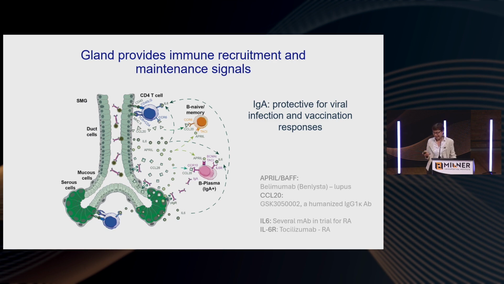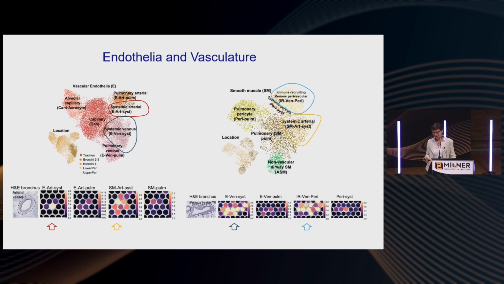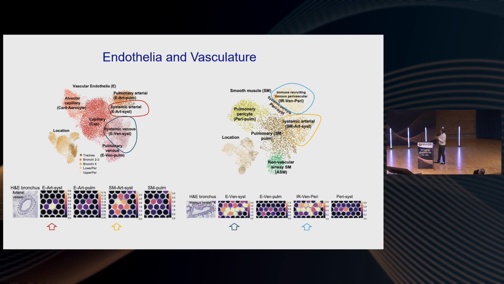I leave the gland there and move on to the vasculature, which Elo also annotated in a very detailed way. In particular, because of the lung, we have the pulmonary circulation and the systemic circulation, and she was actually able to distinguish those in the single cell data. Again, we validated this with the Visium data.